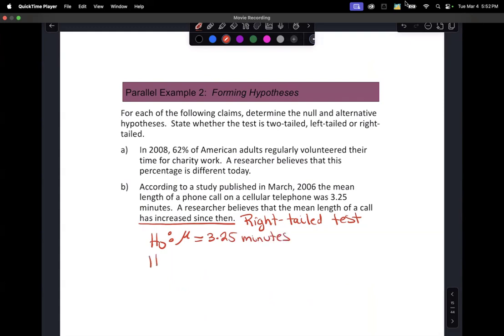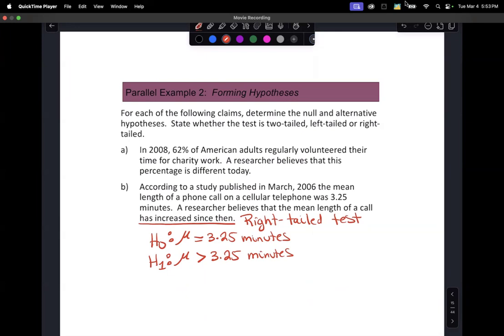My alternative hypothesis, the mean is greater than 3.25 minutes. It's a little bit different here because our confidence intervals were always two-sided, but with our null hypothesis, we can have a right-tailed or a left-tailed test.